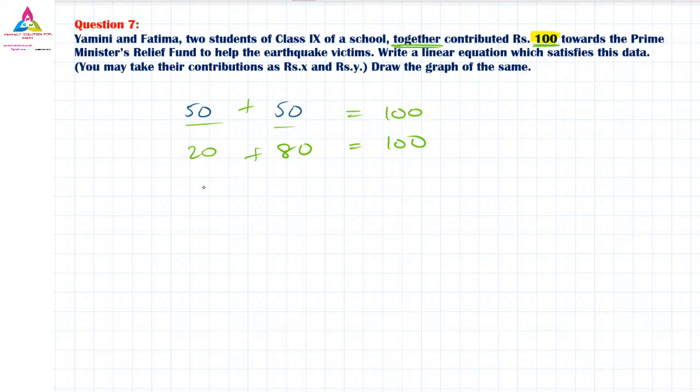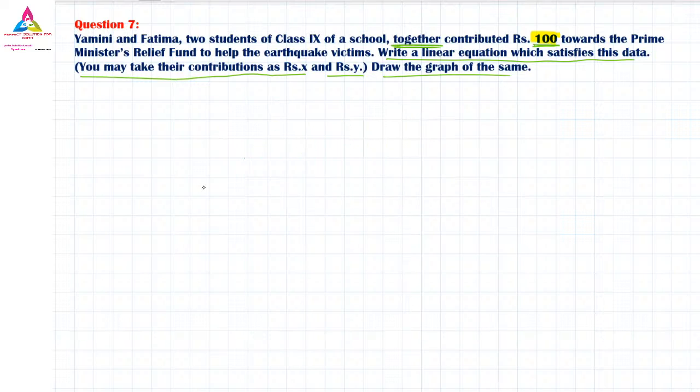So they are asking: write a linear equation which satisfies the data. You may take the contributions as rupees x and rupees y. Draw the graph for the same. Here we don't know exactly how much each person is contributing, so we can take how much Fatima contributed as x and how much Yamini contributed as y; that is a possibility we have.